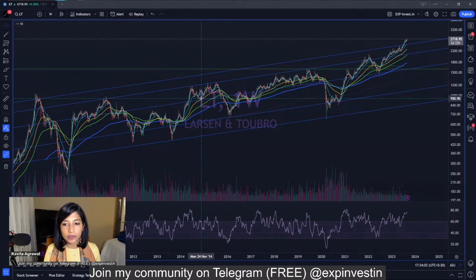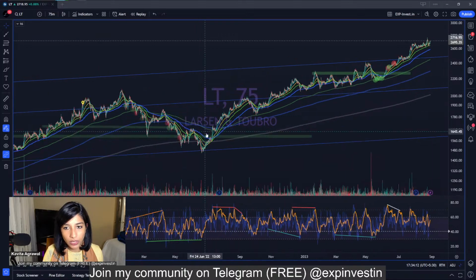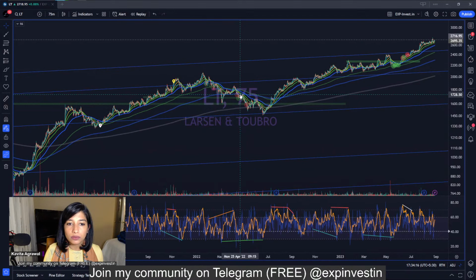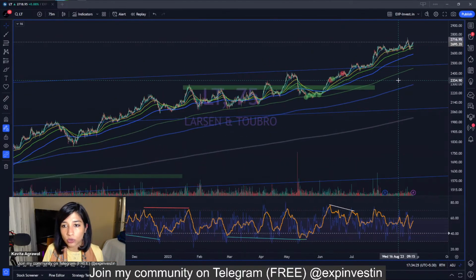What really matters is that you capture the broad trend. And then when you're analyzing on lower time frames, you can adjust the trend line without adjusting the slope of the trend line. So here what I see is that L&T has given a superb rally, so much so that it's completely gone outside of the trend line zone also.